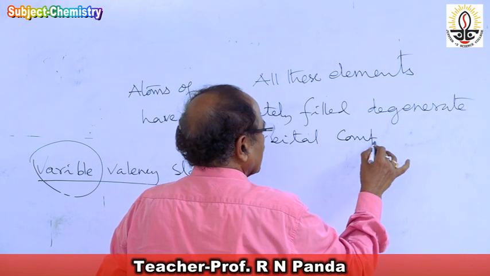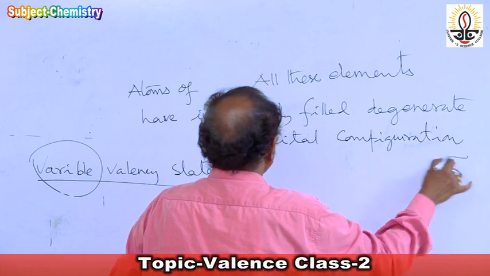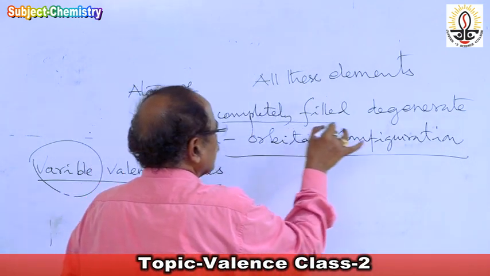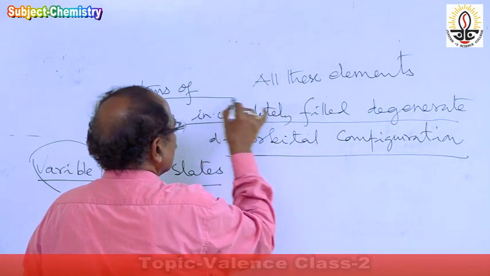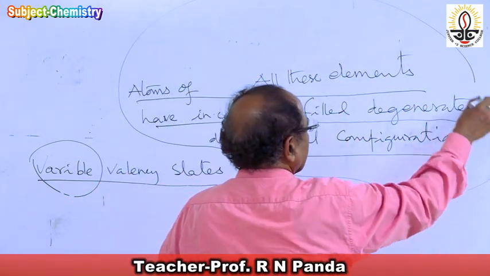Hence they exhibit this variable valency. Please remember this sentence and keep it in your mind. I will explain it very nicely when I teach you the periodic table, including what a degenerate orbital is.